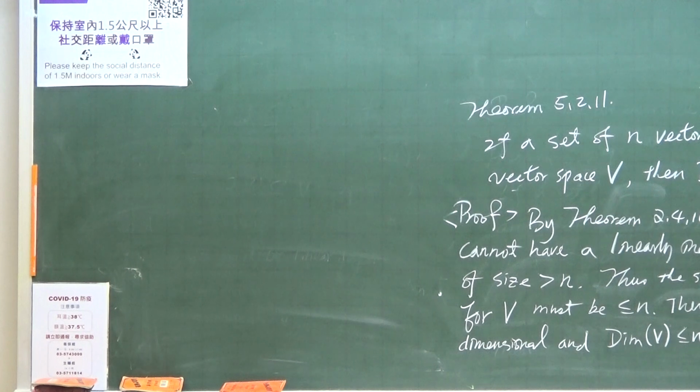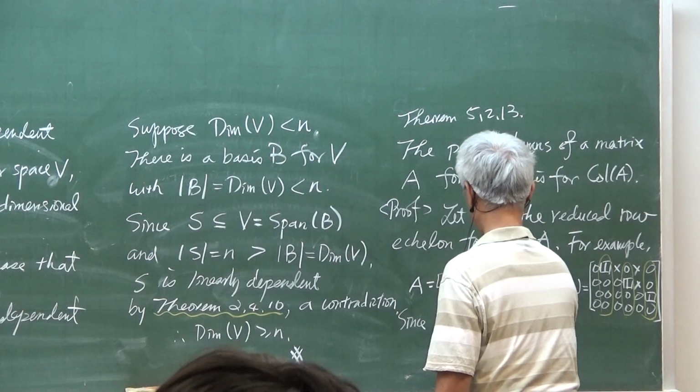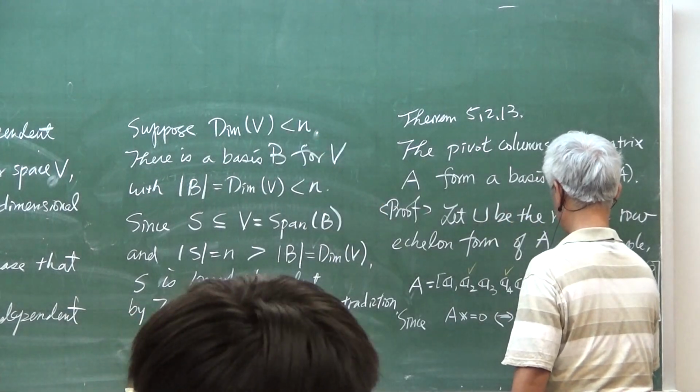All right. So, look at here. Okay, and we know that Ax equals 0 if and only if Ux equals 0.